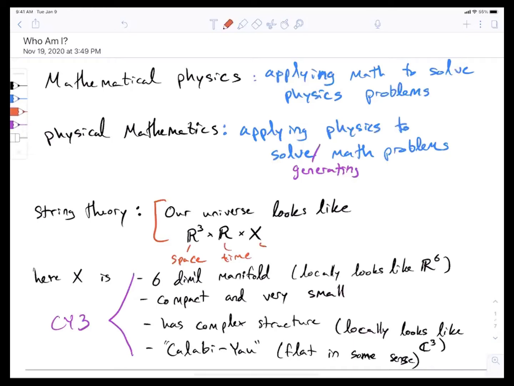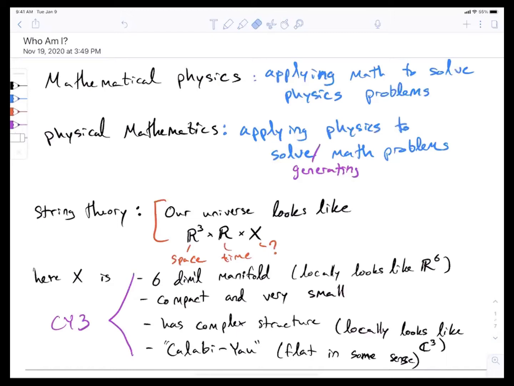And then there are these 6 extra dimensions, which I'll just call X. And so the question is, what is this X? Through a lot of complicated physical arguments, the physicists have told us some of the properties that these extra 6 dimensions must have.